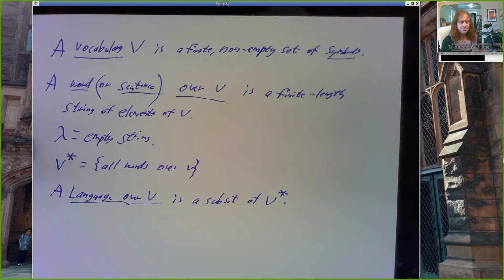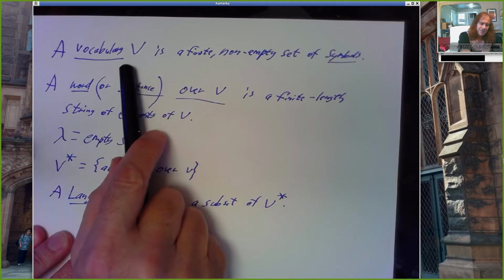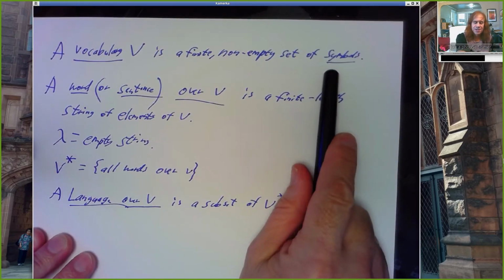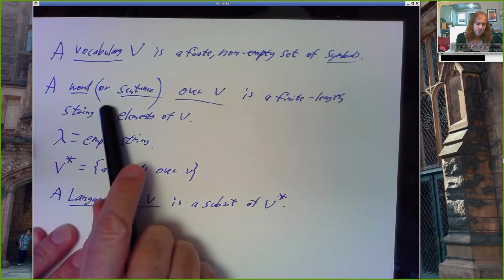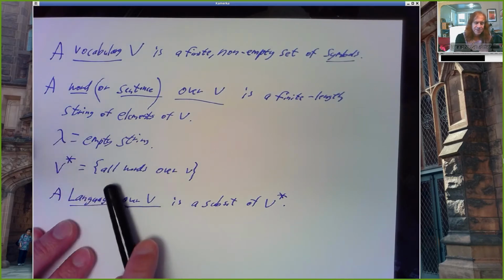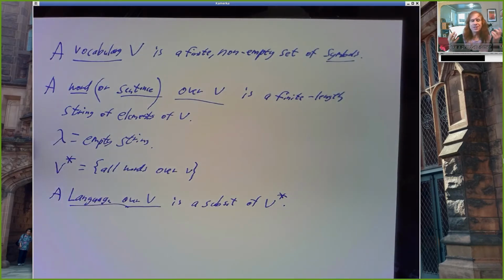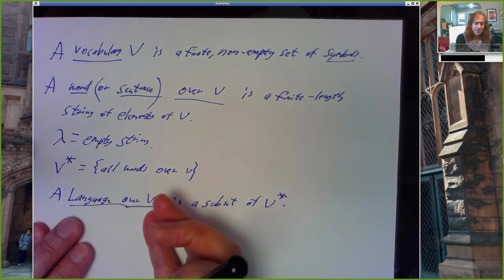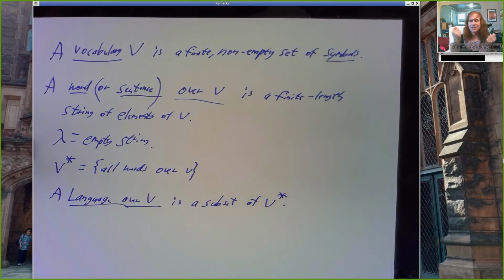So if we tried to apply this to English, and we don't really want to do too much going back and forth because human languages are so imprecise, but if we thought of this in terms of English, our vocabulary would be the set of letters A through Z. A word would just be some collection of those letters. V star is the set of all possible collections of letters. And a language might be the set of collections of letters that we find in the dictionary.